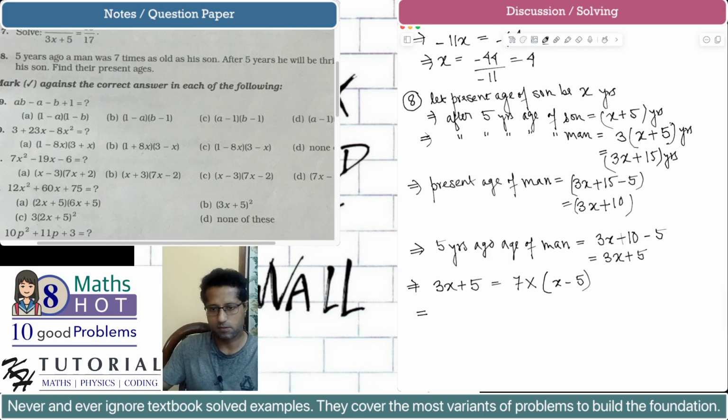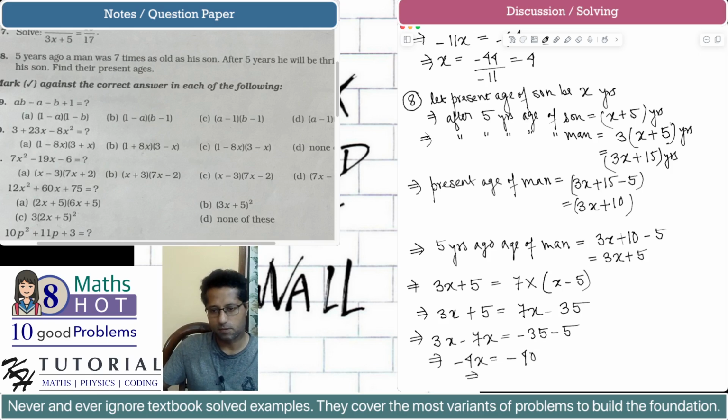So this implies 3x plus 5 is equal to 7x minus 35. So this implies 3x minus 7x is equal to minus 35 minus 5. So minus 4x is equal to minus 40.